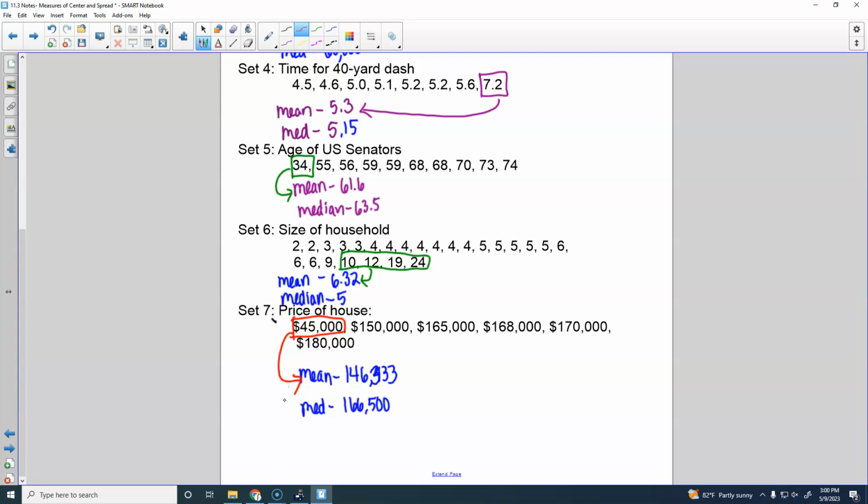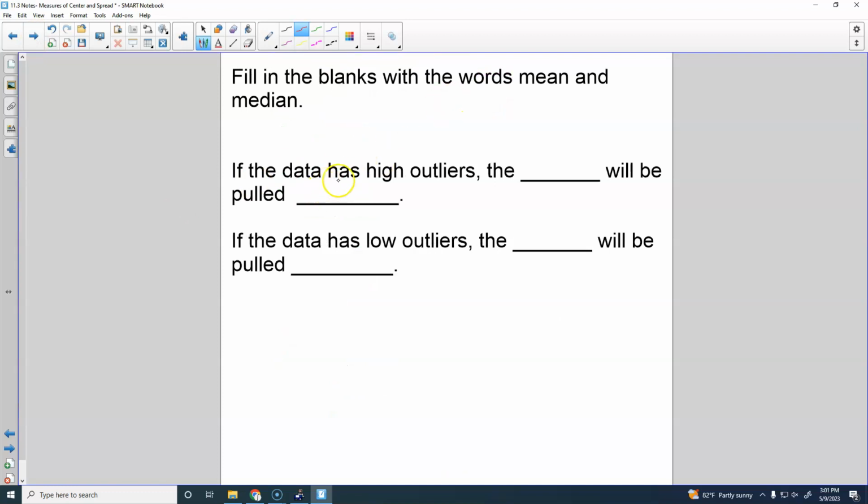So what we're seeing is if we have an outlier, or especially if several outliers, it pulls that mean in that direction. But the median is more stable. It doesn't get pulled in that direction. So if the data has high outliers, the mean will be pulled up. If the data has low outliers, the mean will be pulled down.